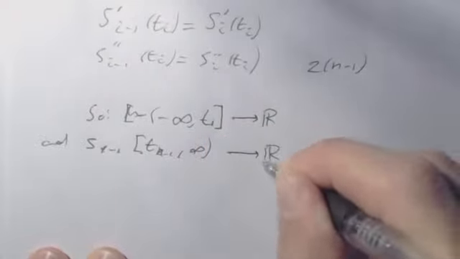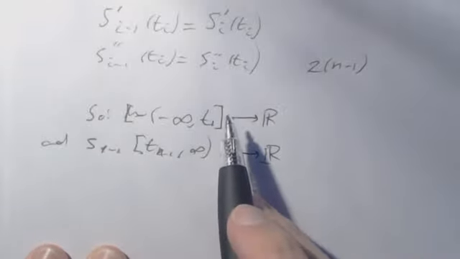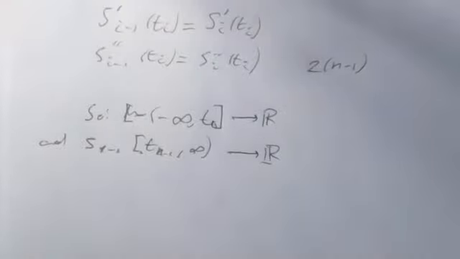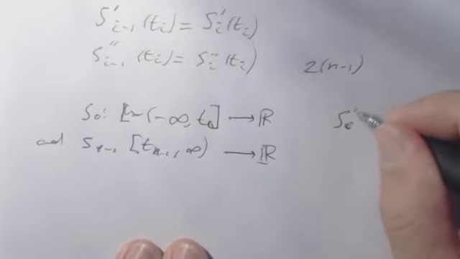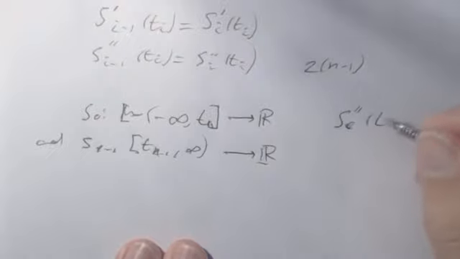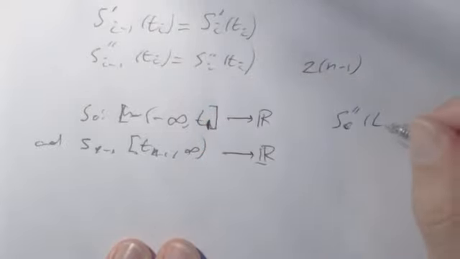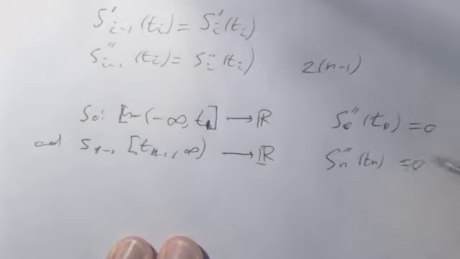So it makes sense, if these are cubics, to ask them to have an inflection point, which is 0 at the ends. So that's fair enough. So S0 double prime at, oh no, that should have been t0 after all. S0''(t0) equals 0, and S_{n-1}''(tn) equals 0.